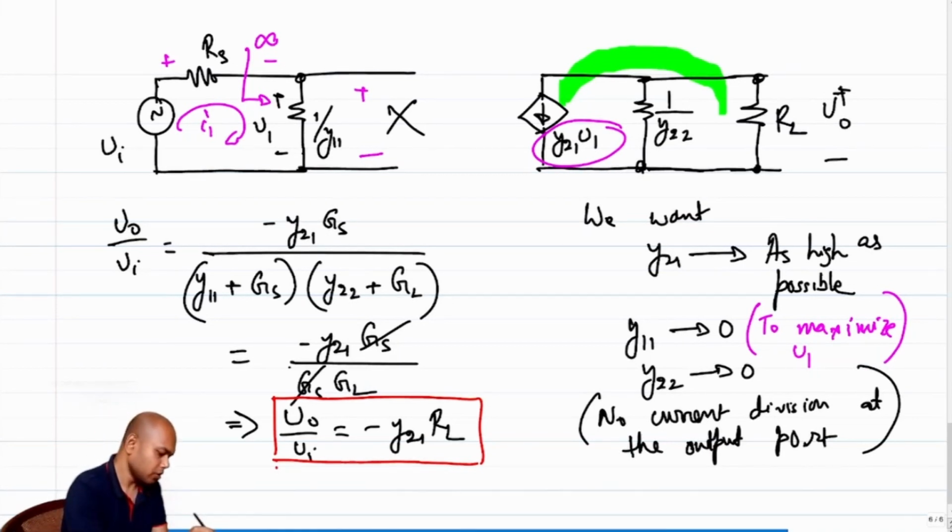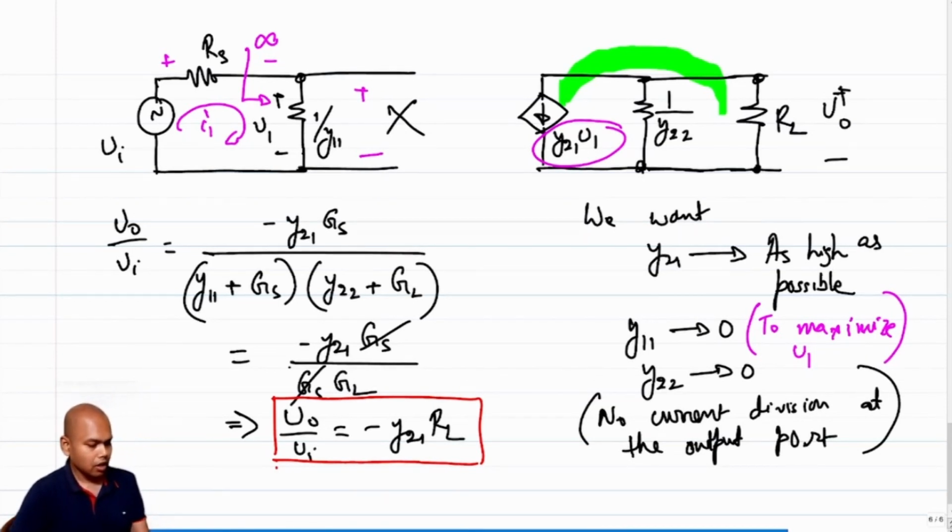Right? So note that we understood. I hope you are convinced, both mathematically, algebraically, and from the standpoint of circuit theory, why we would want Y12 to be 0, Y21 to be as high as possible, Y11 to be 0, and Y22 to be 0.